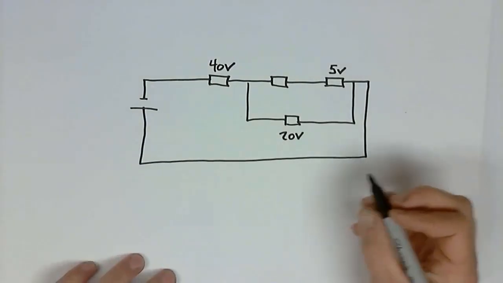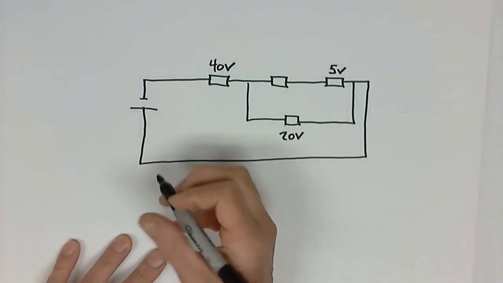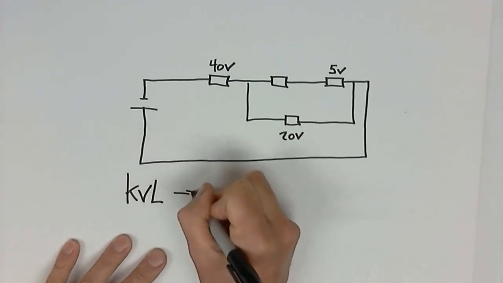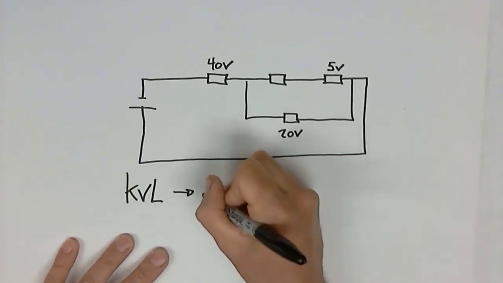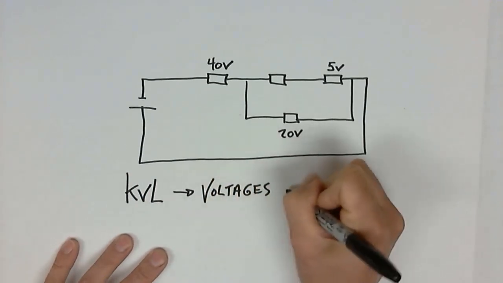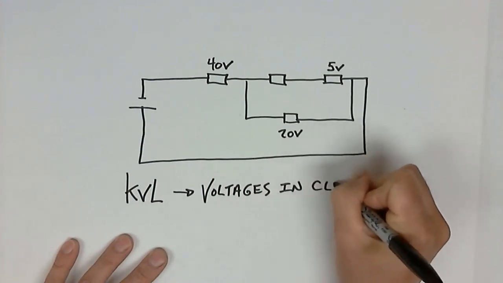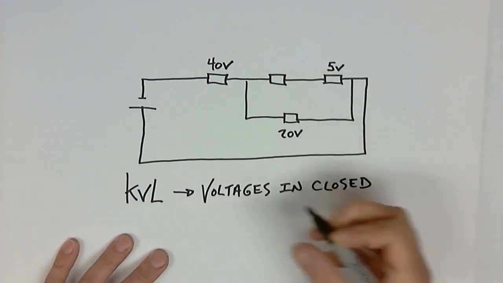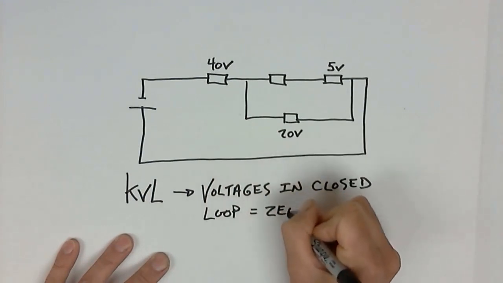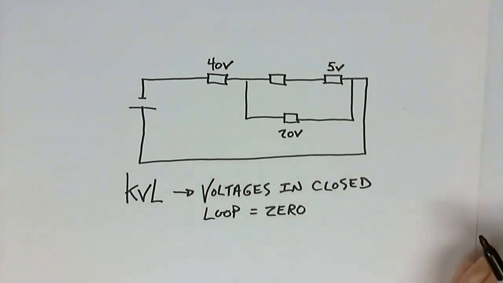Kirchhoff's voltage law very basically means voltages in a closed loop equals 0. And so that means the voltage rise must equal the voltage drop.